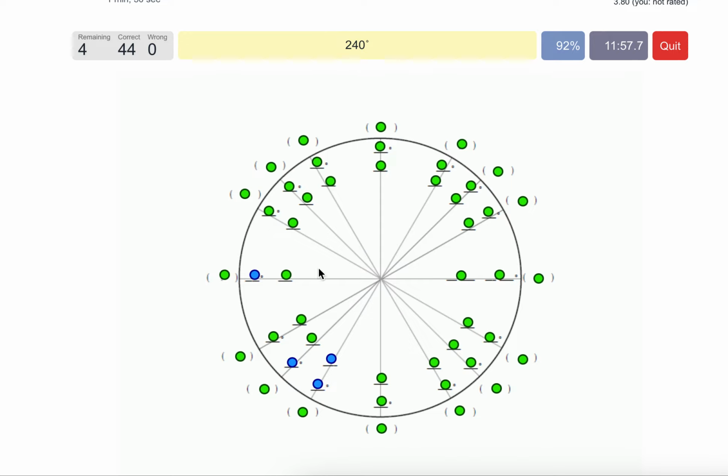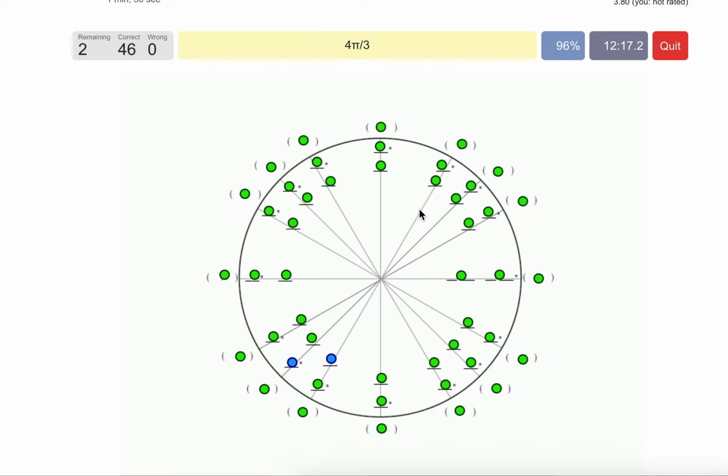Okay, this is 180, 190, 200, 210 would be here, and then another 30 from that would be 240 right there. Here's 180.